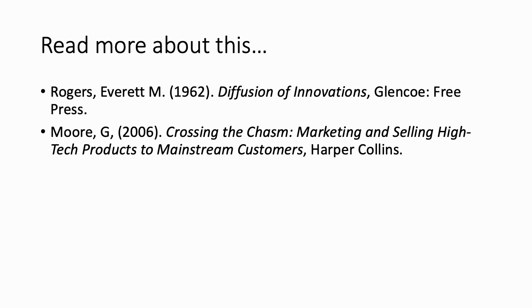Geoffrey Moore, much more recently, 2006, talks about crossing the chasm. He actually had a follow-on called In the Tornado, which I mentioned. The tornado refers to that moment when you have successfully crossed the chasm and you have a company that's done the right things to cross the chasm, but isn't built for the huge market that follows on the other side.